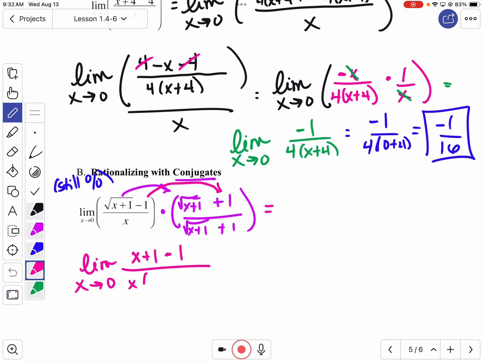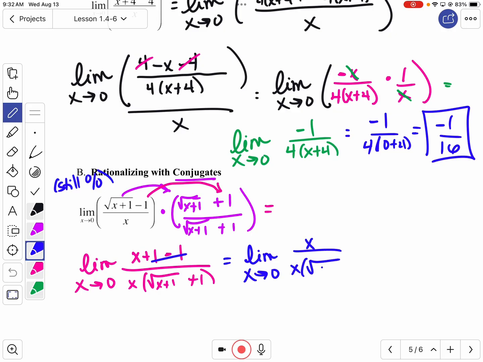Now, wherever the radical is not in the original, don't multiply it out, okay? Leave it x times square root of x plus 1 plus 1. That's in factored form, and we want to leave it, okay? And I think you'll see why here in just a second. If I look at that new numerator, what's going to happen? Yeah, the ones are for sure gone. And it leaves me x over x times the square root of x plus 1 and then a plus 1.